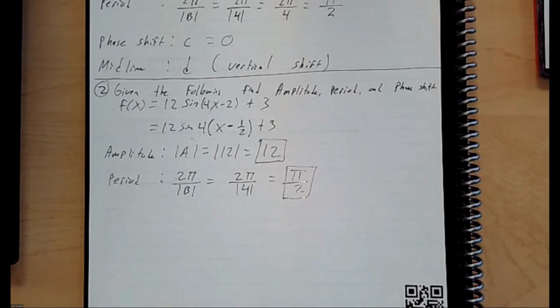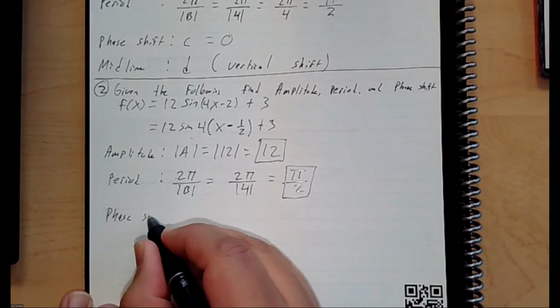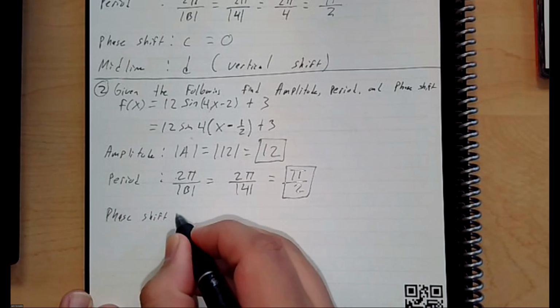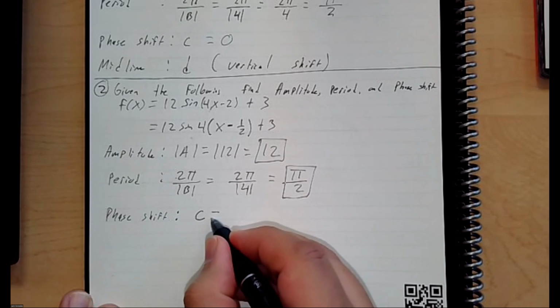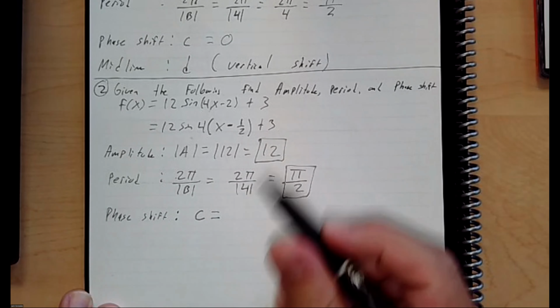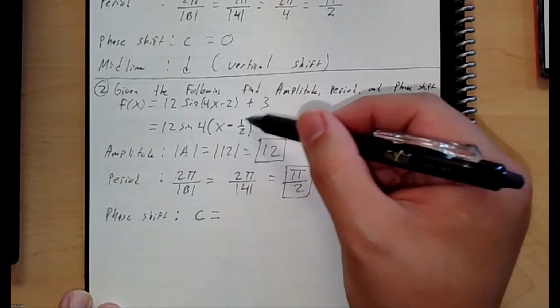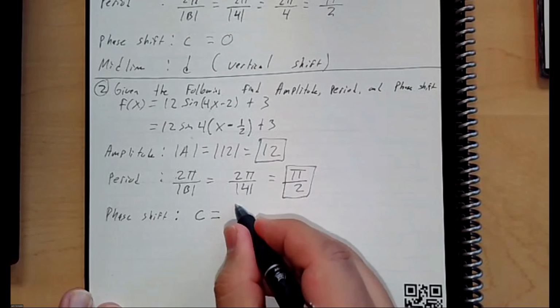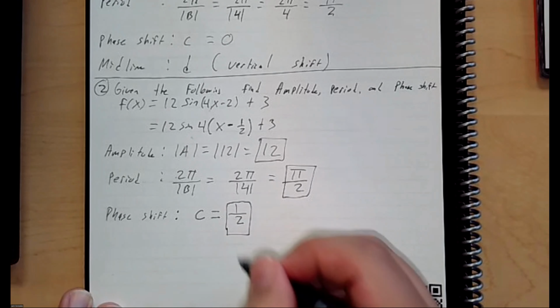What is our phase shift? Yeah, we take the C, we do the opposite. So if this was positive, you use minus. If it's minus, put positive. Any questions on 1 and 2?